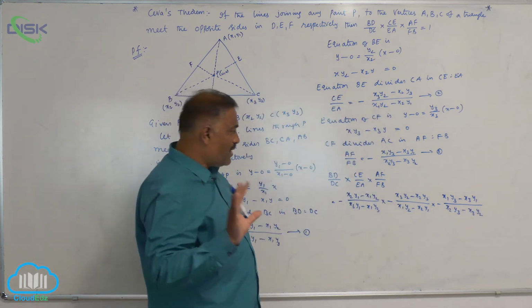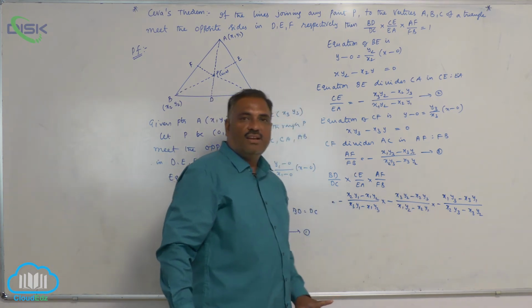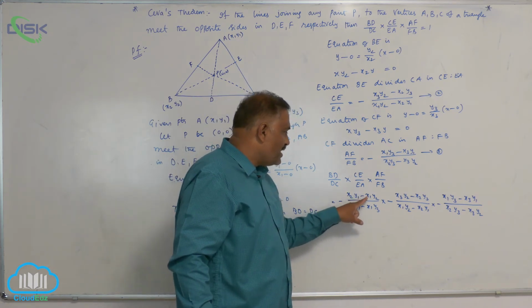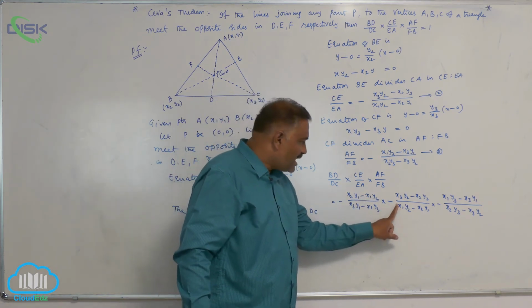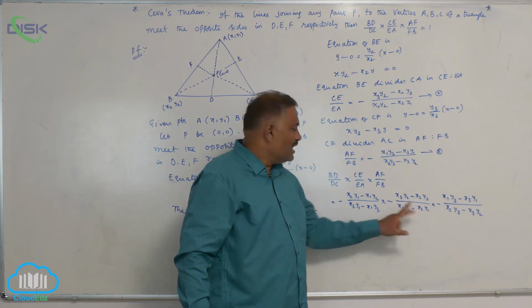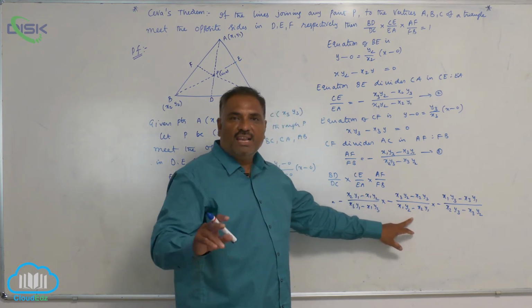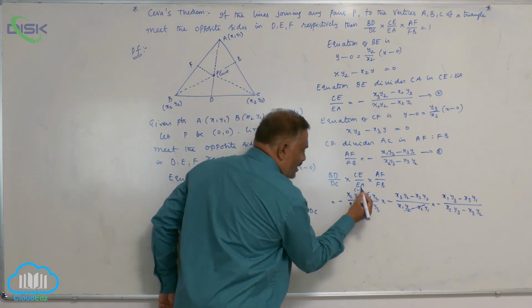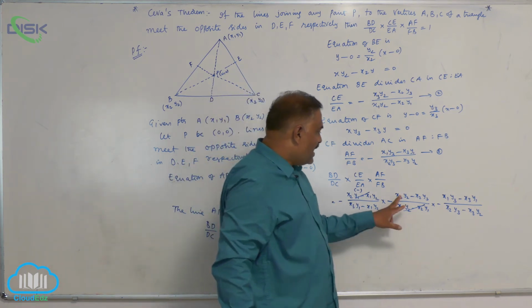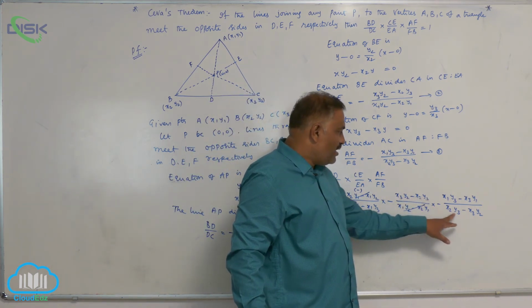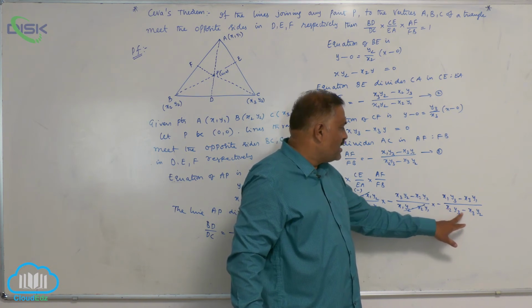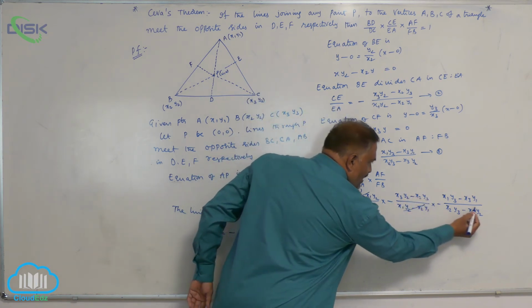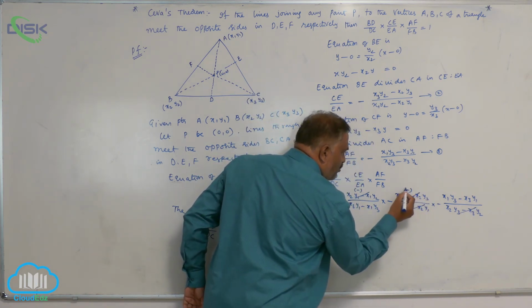Now you can see carefully, three negative signs are there, so the product will become negative. But you observe x2 y1 minus x1 y2 is exactly the negative of x1 y2 minus x2 y1. That means these two get cancelled, leaving minus 1. Again, x3 y2 minus x2 y3 and x2 y3 minus x3 y2: these two get cancelled, leaving one more negative sign.